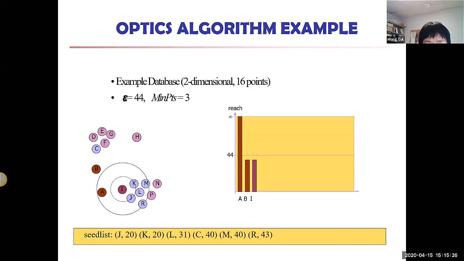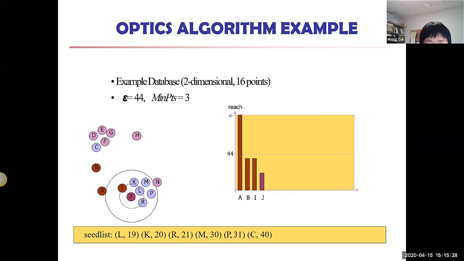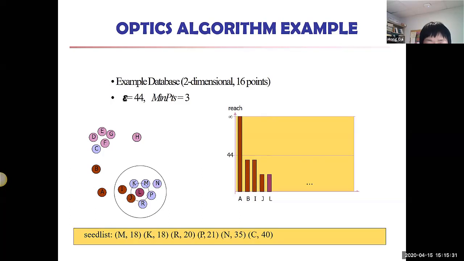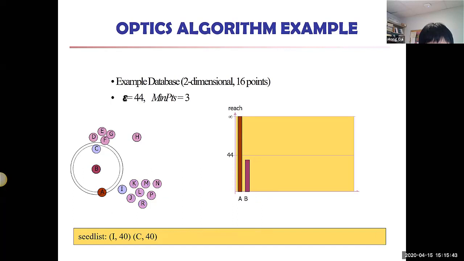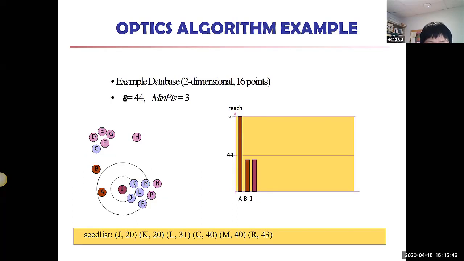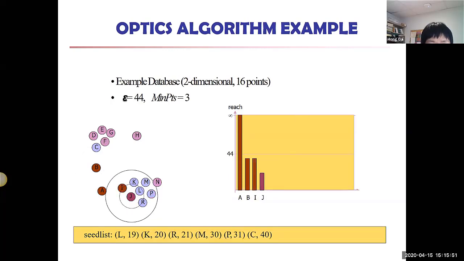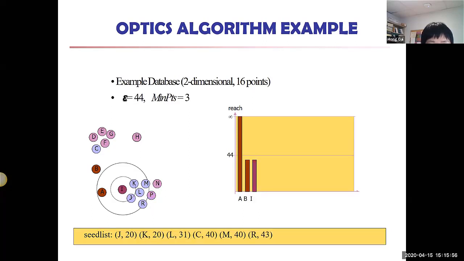I'm trying to find an example here. J, okay, so I is 40, C is 40. So L here is 31, right?